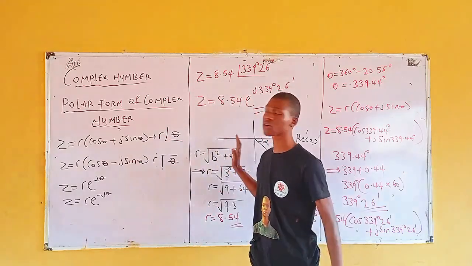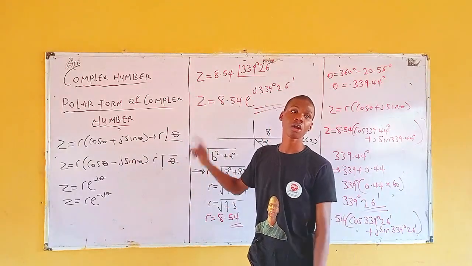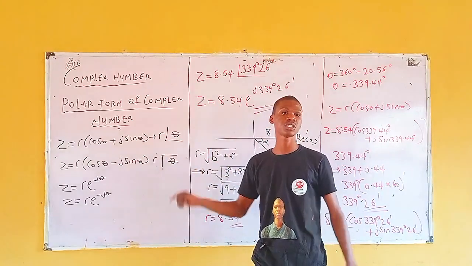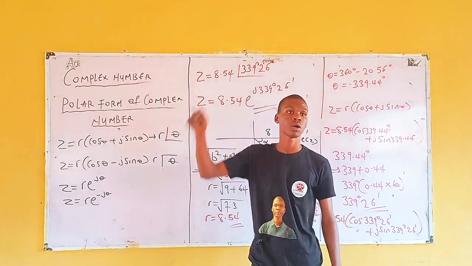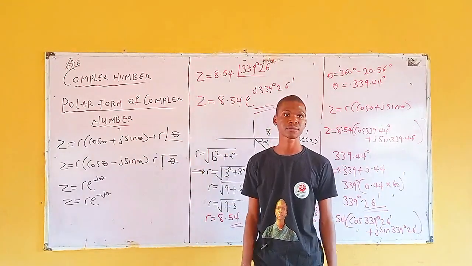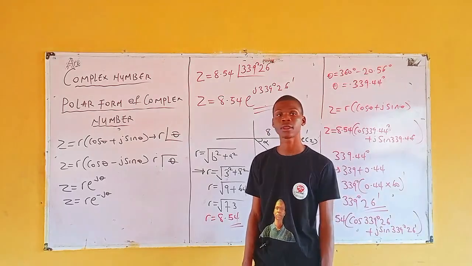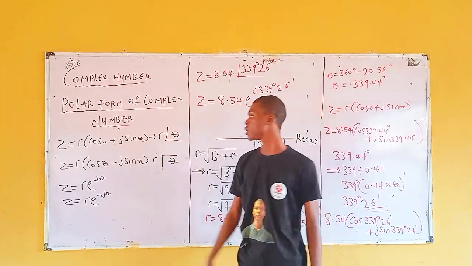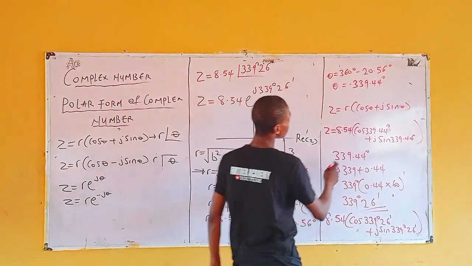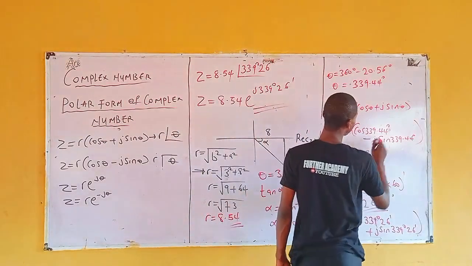So given any complex number, you can convert from the rectangular form to polar form. It's also the same thing. So let's say from here, initially, you got negative.